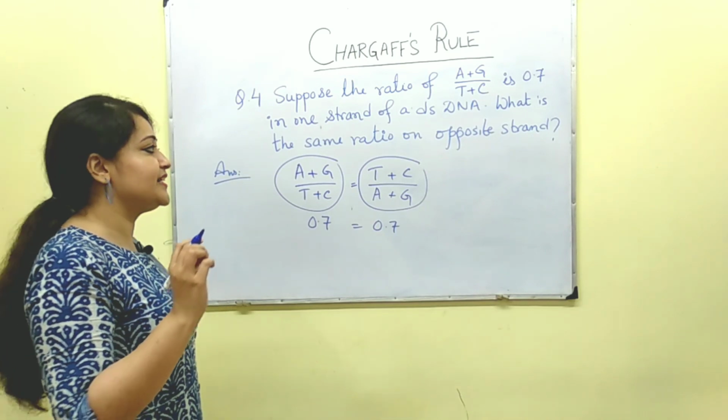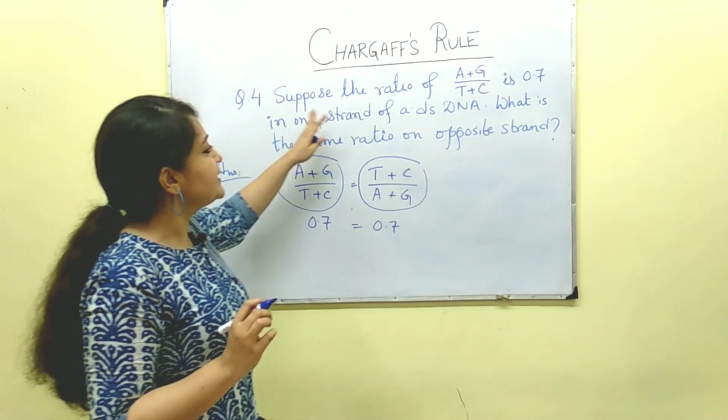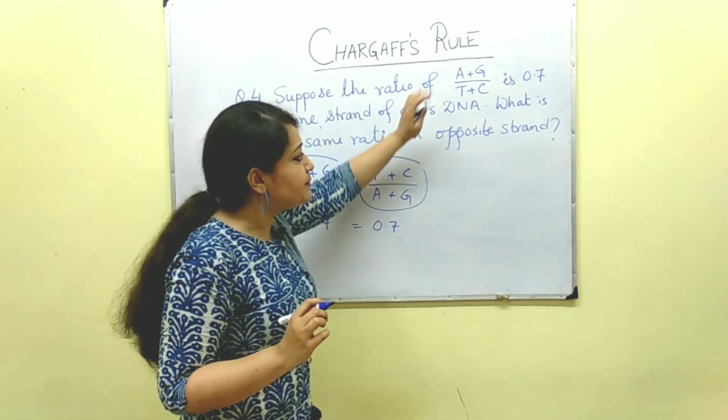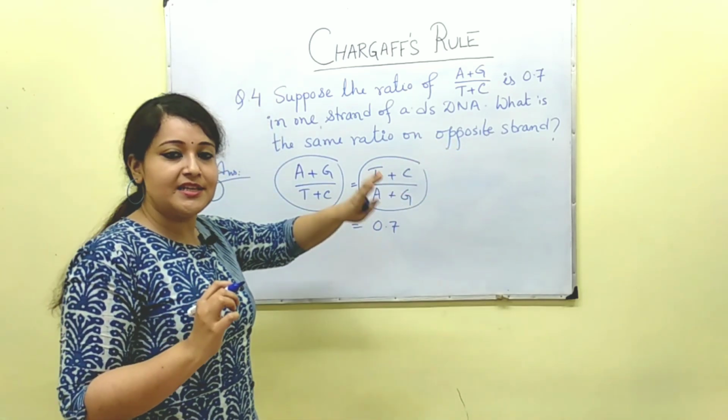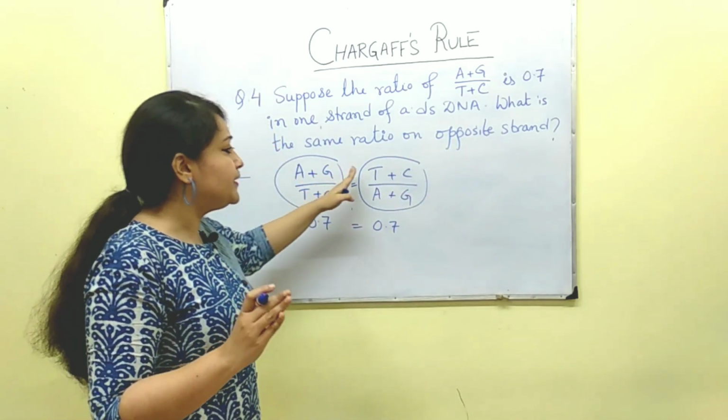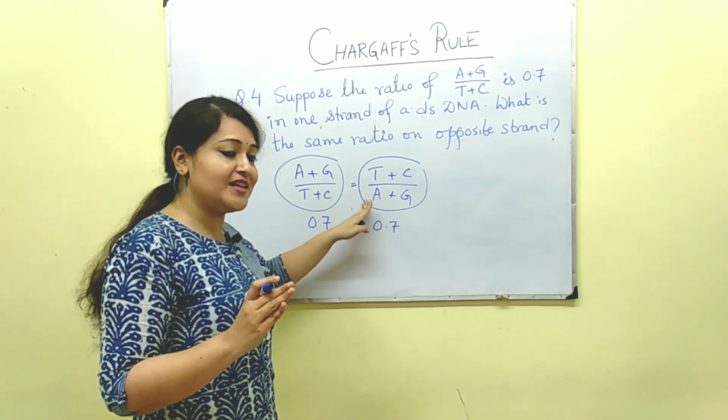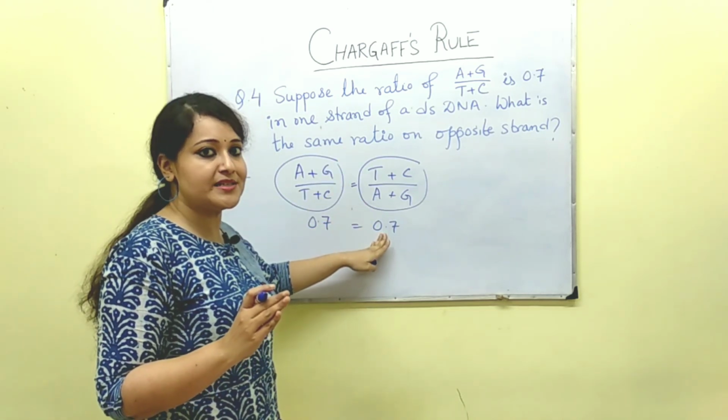Now in the question it has been asked what is the same ratio in the opposite strand. See, the ratio of T plus C by A plus G in the opposite strand is 0.7.